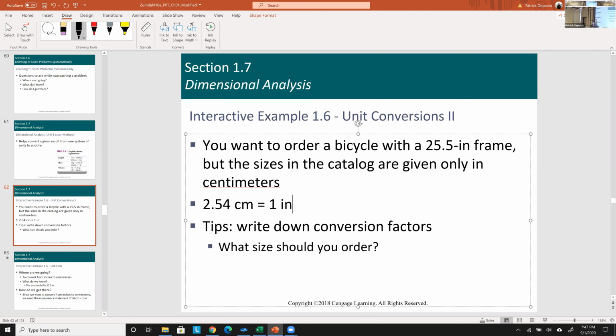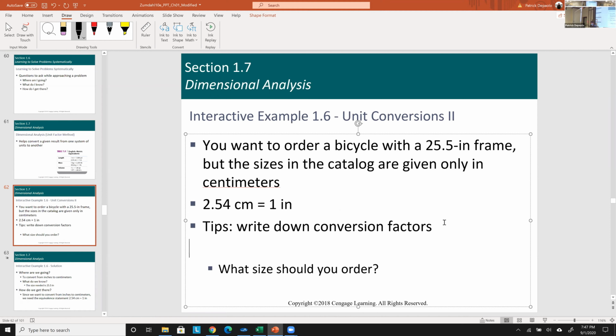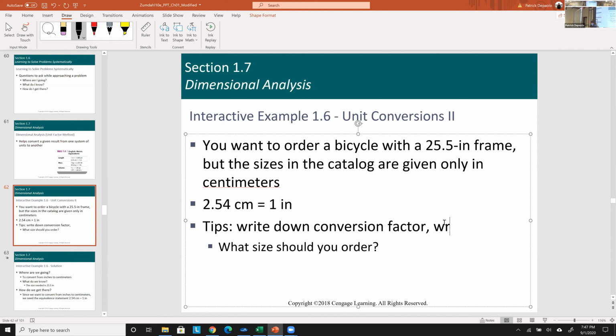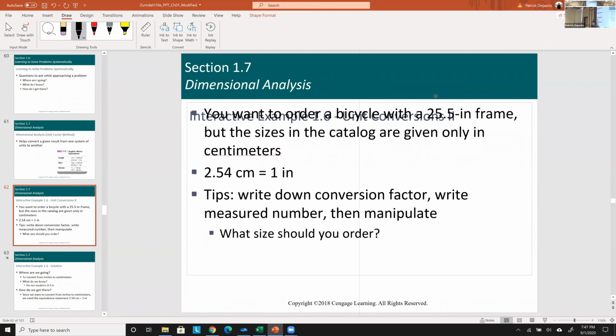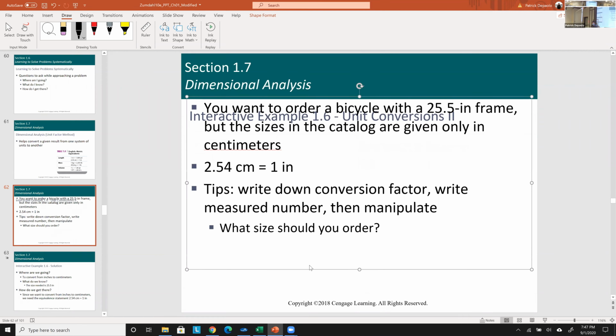After that, we're going to write down our measured number. Then manipulate. All these processes should flow very smoothly. You first write down the measured number.